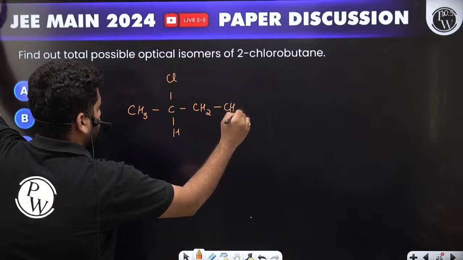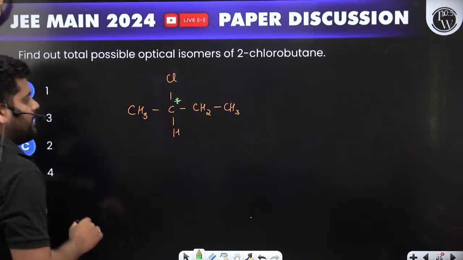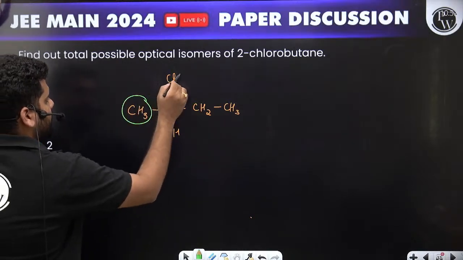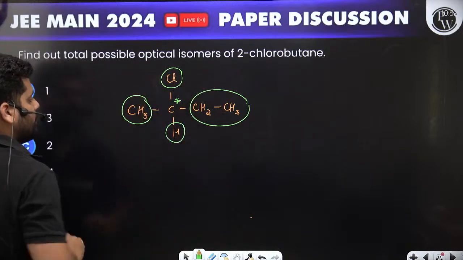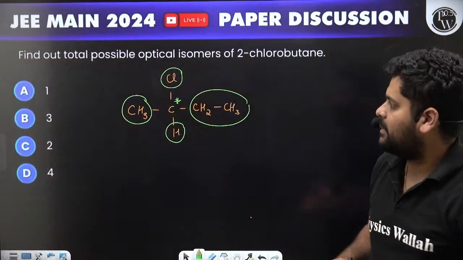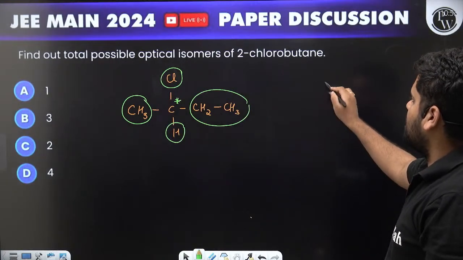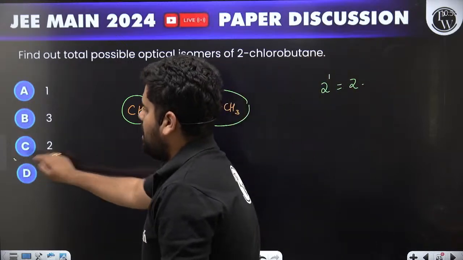Just look at the carbon present over here. This carbon is chiral, right? It has 4 different groups: methyl, chloro, hydrogen and ethyl. So there is one chiral carbon. If there is one chiral carbon, the number of optical isomers is going to be 2 power 1. So the answer is going to be 2.